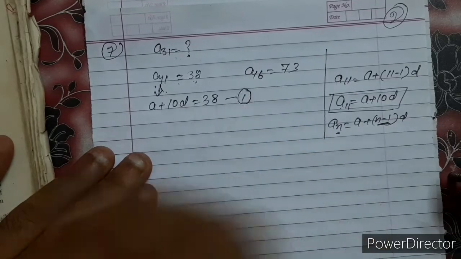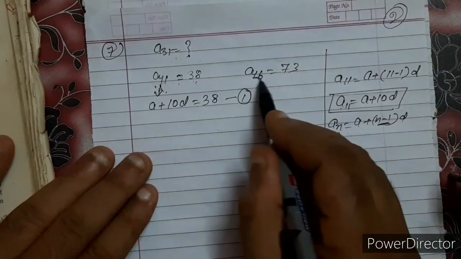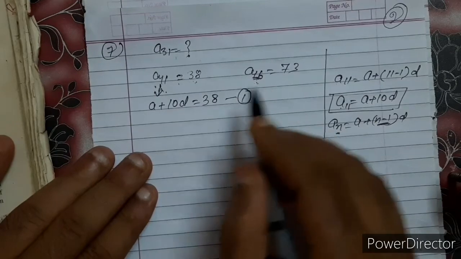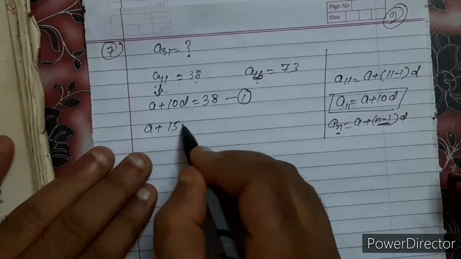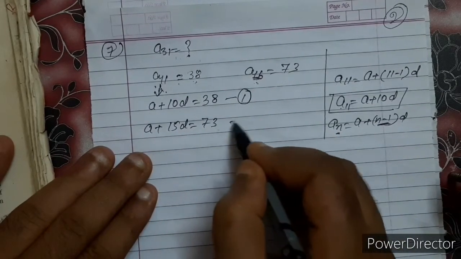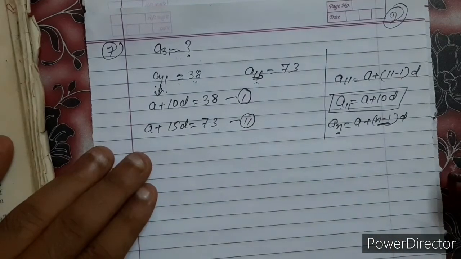This is equation number one. And A16 means A plus 15D is equal to 73. This is equation number two.